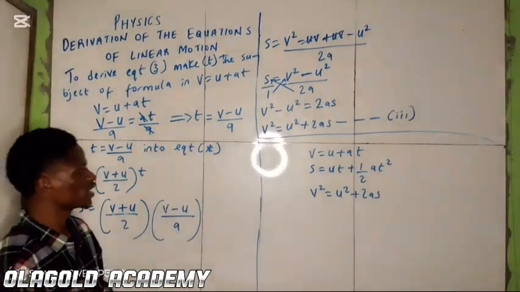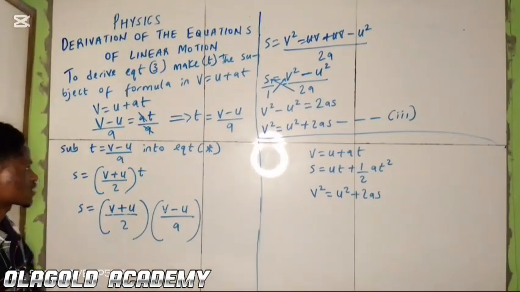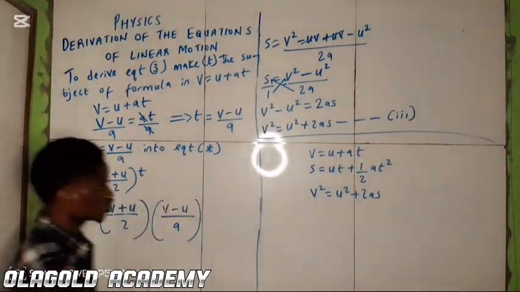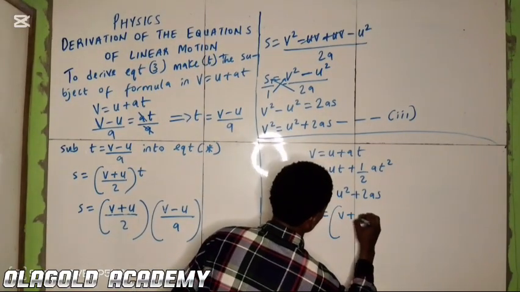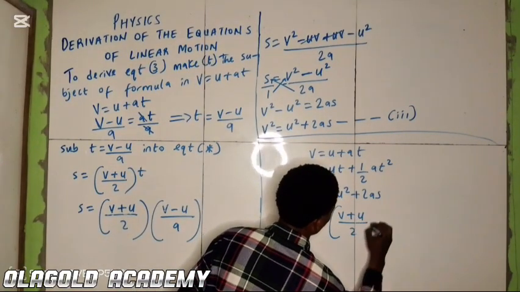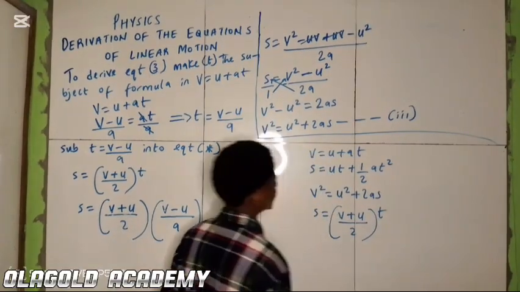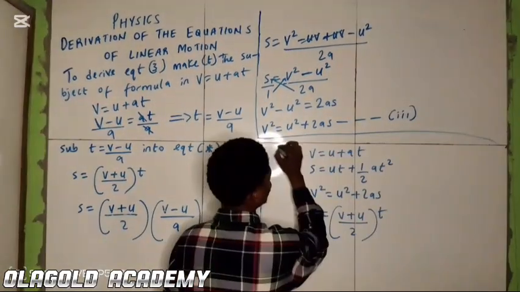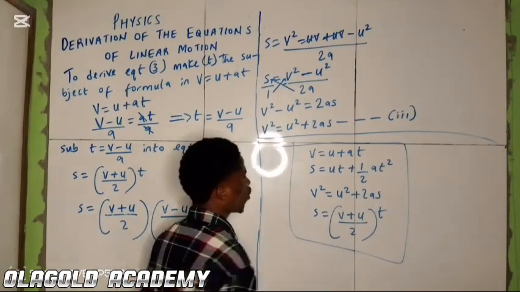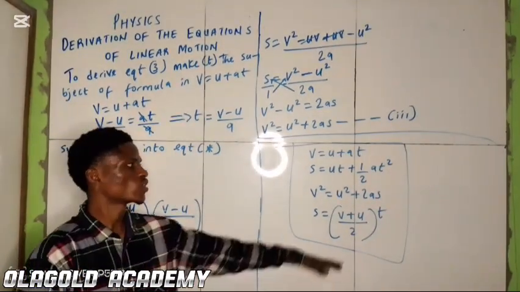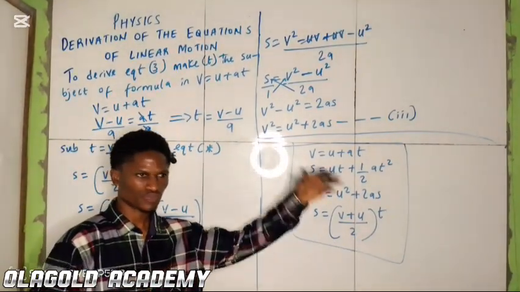And lastly, we made our equation asterisk to be our fourth equation. So we have S equals V plus U over 2 multiplied by T. So we have this as our four equations of linear motion.